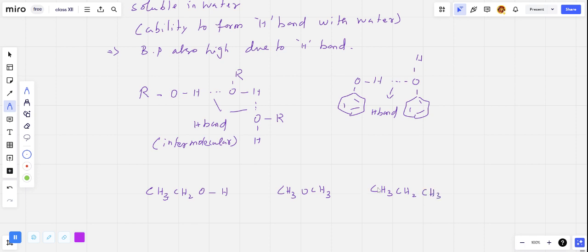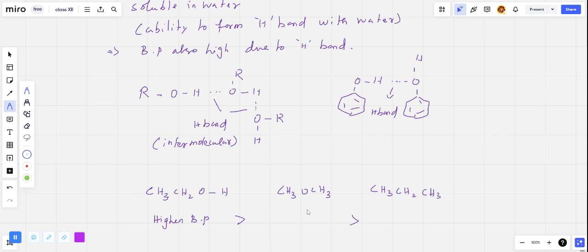All three have comparable molecular mass. If you take all these, the boiling point is higher for the alcohol, then the ether, then the hydrocarbon. It is due to the presence of intermolecular H bonding.